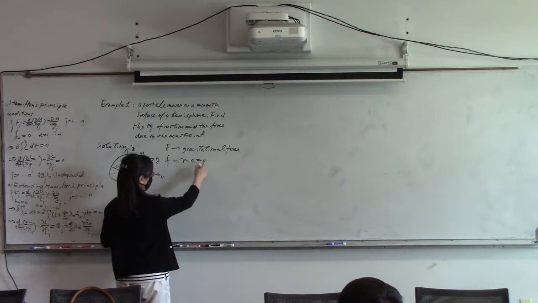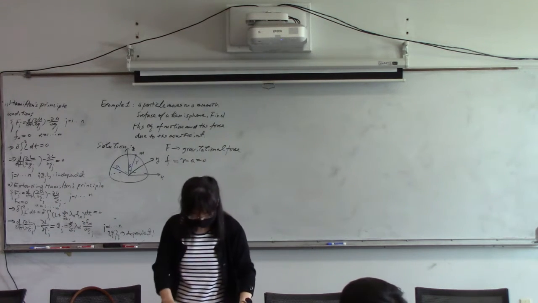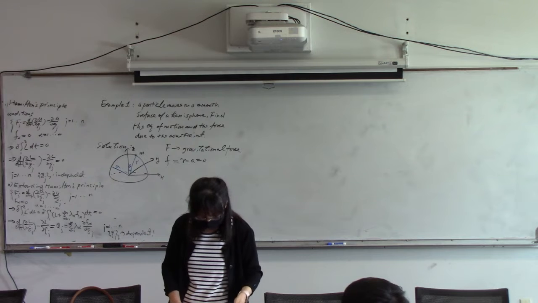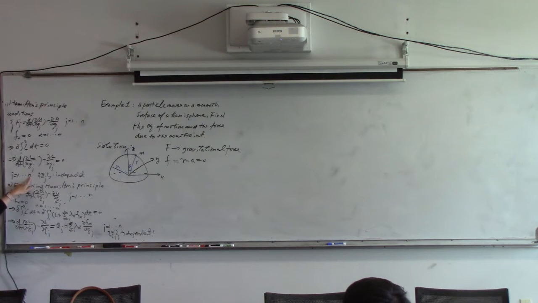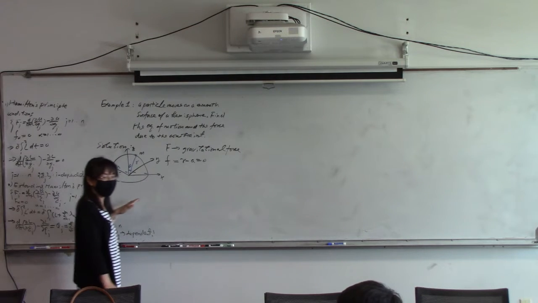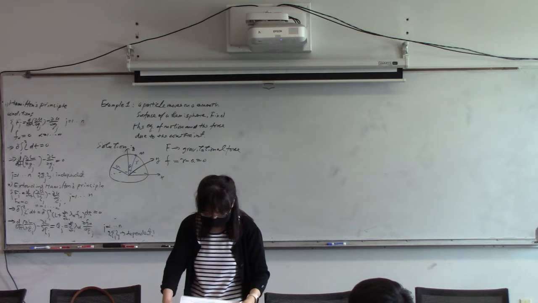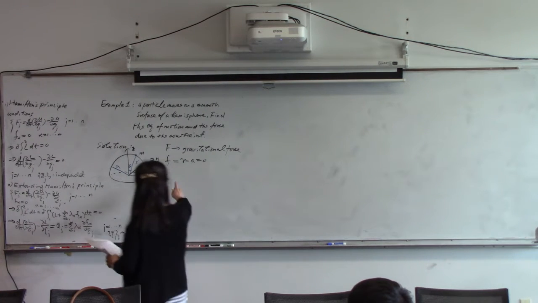So we don't need to count how many. We are not worried about how many independent generalized coordinates there are. In the other case, we need to understand how to determine n, right? Here, we don't need to do that. We just set up as many generalized coordinates as we can, with the equation of constraint.